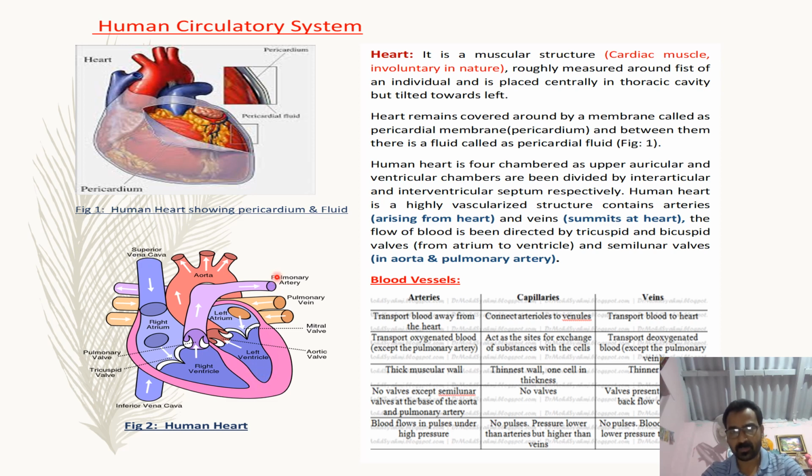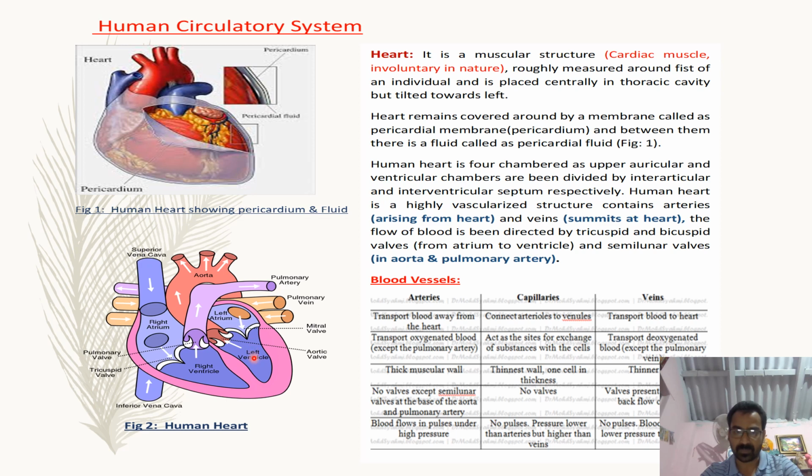Now we can understand the heart as a pumping organ. It receives blood from the lungs. This is the pulmonary vein, which remains connected with the lungs. From here the blood enters the left atrium, and from the left atrium the blood goes into the left ventricle by means of the bicuspid valve, as you can see here.